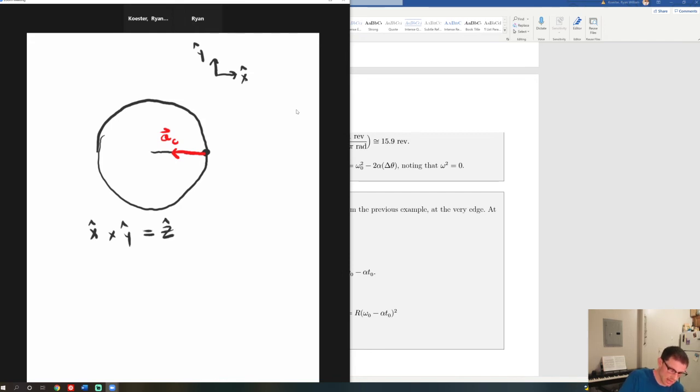So z hat is, if you imagine a little arrowhead pointing right at you, that's maybe what it would look like. And this is because we use right-handed coordinate systems predominantly. Actually, I've never seen anybody use the left-handed one, but maybe people do. But anyway, that's the way that you might go about simplifying the geometry here.